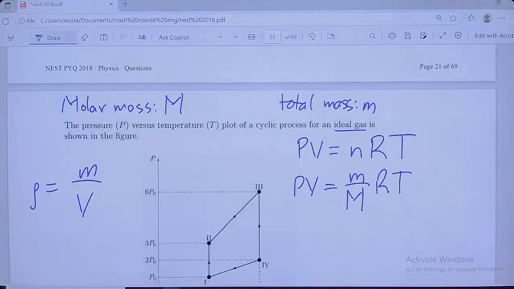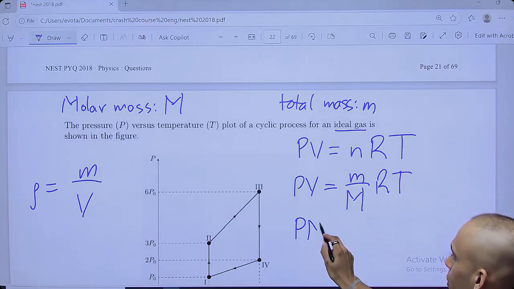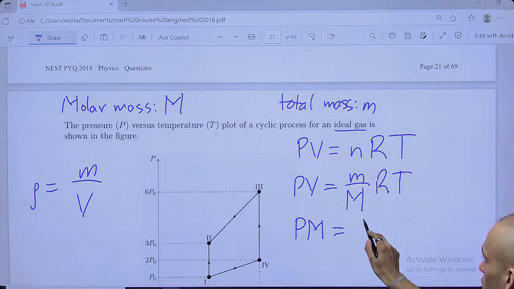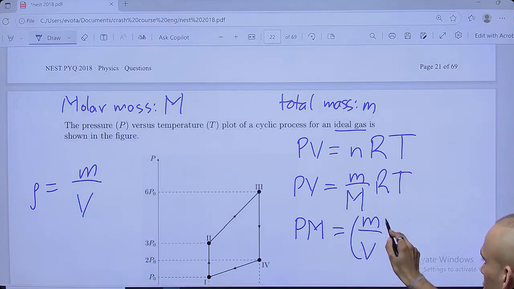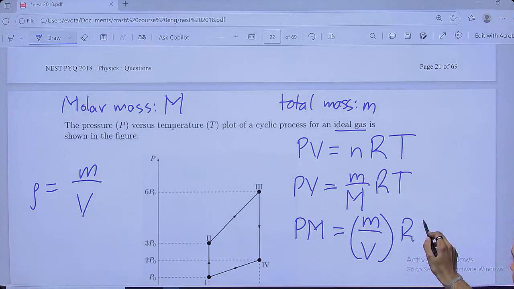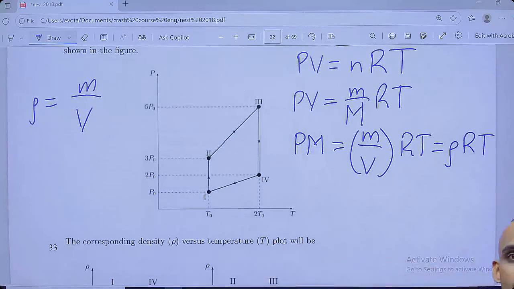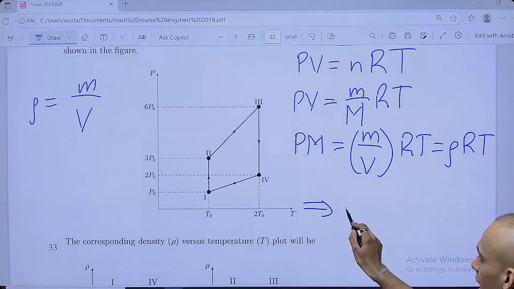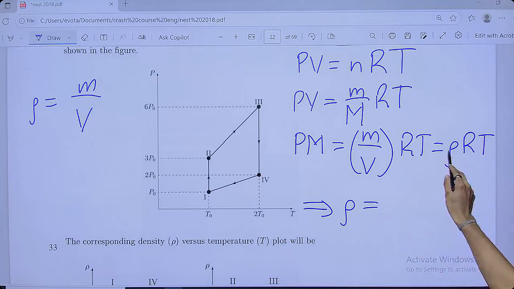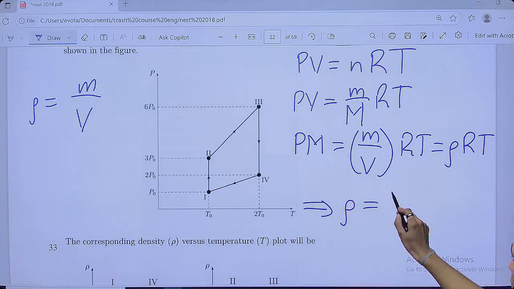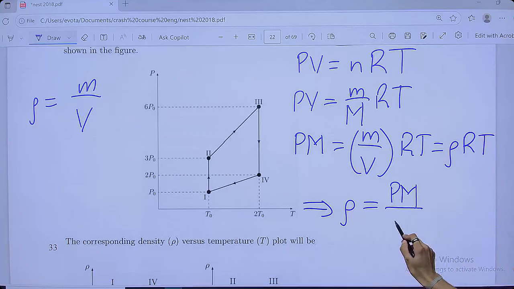So in order to get that term on one side, we can rewrite this as P into M, taking M on the LHS, should be equal to mass upon volume, which is just the density, into RT, which is simply rho into R into T. And since we need to compare rho, that is density, with temperature, we can rewrite this as rho is equal to PM by RT.